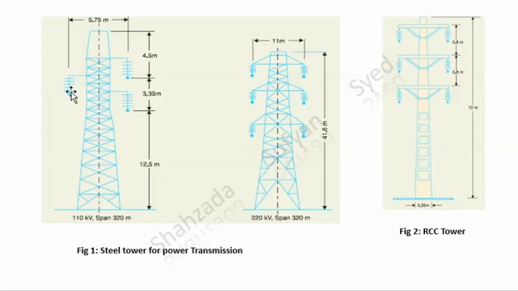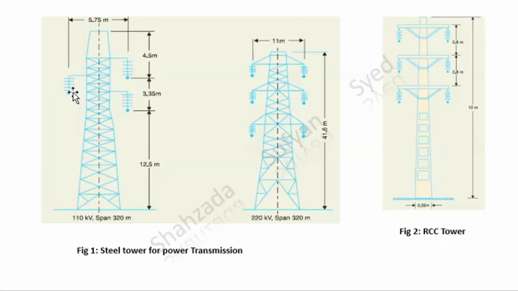This figure is showing a single circuit on a steel tower, and the height of the lowest conductor with respect to ground is 12.5 meter, and the distance between these two conductors is 3.35 meter.